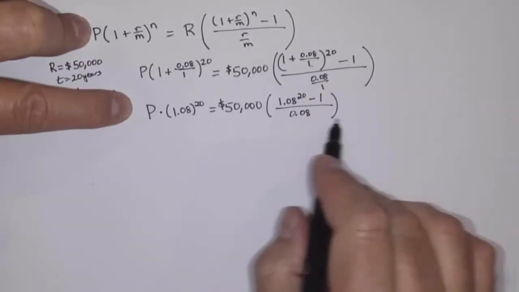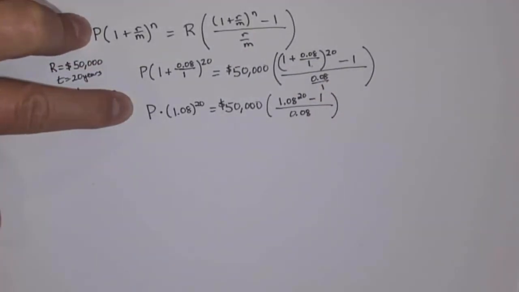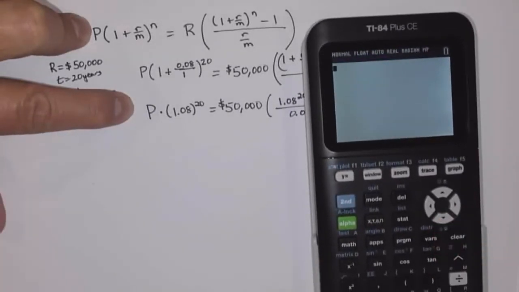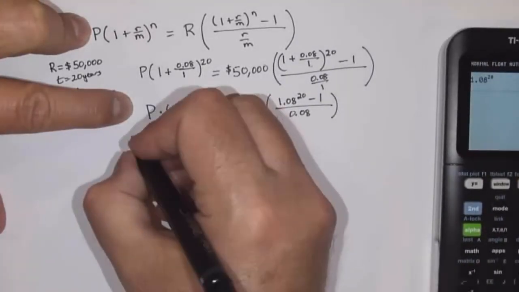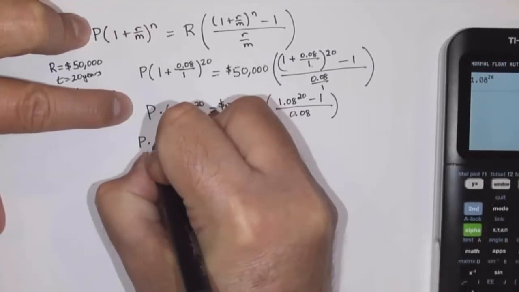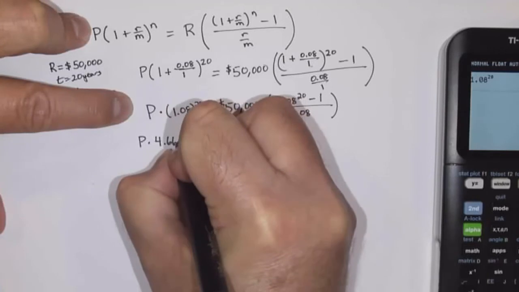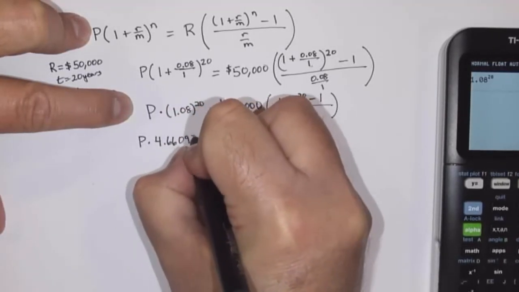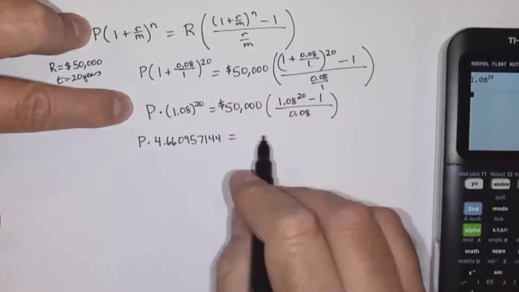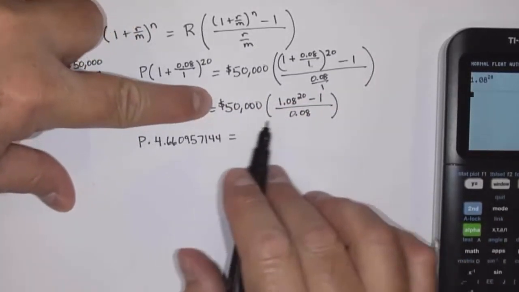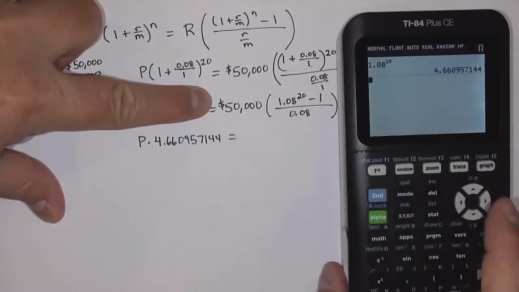So I'm going to figure out what this is. If I bring in my calculator, 1.08 raised to the 20th power here on the left side is 4.6609571144. So I have P times 4.6609571144, and that's going to equal, and I'm going to just punch this all in the calculator at once.